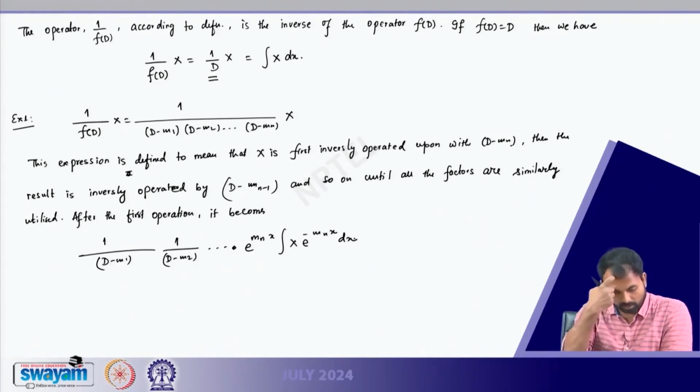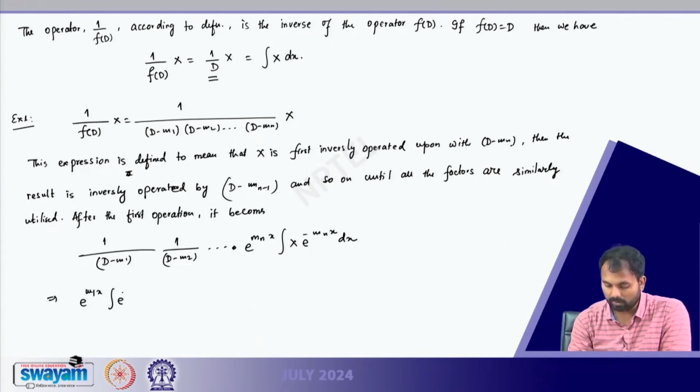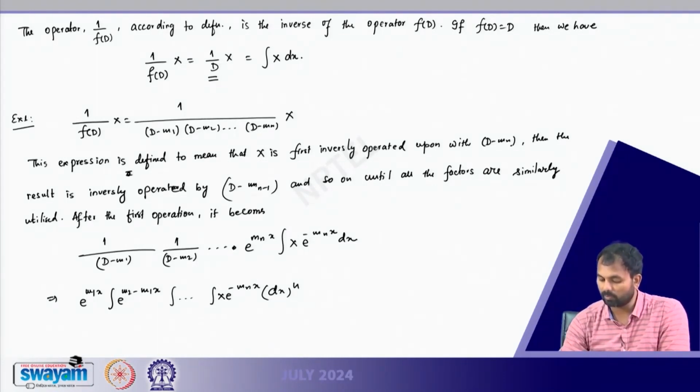We keep on doing this operation in succession, and it will give us e to the power m1 x, e to the power (m2 minus m1) x, and so on, up to e to the power minus mn x dx, n times. That means this is dx, dx, dx up to n times, and there are n integrals, everywhere this dx will simply get adjusted, right.